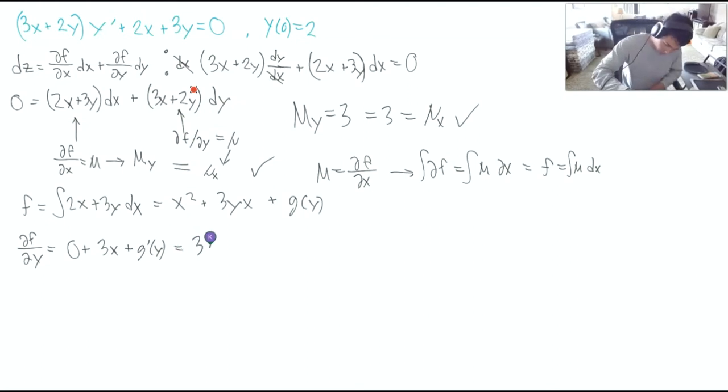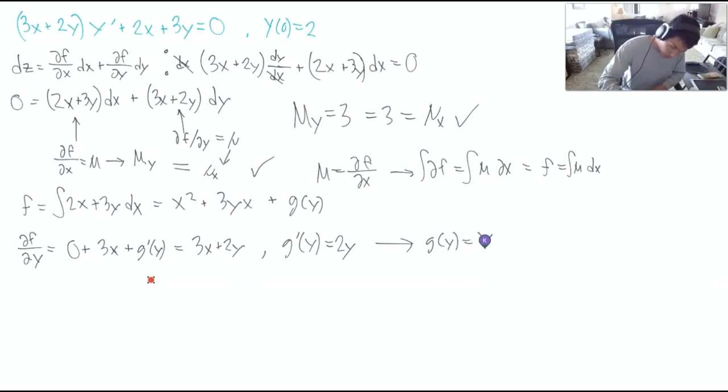So 3x plus 2y. So then we can see that we have 3x in common, so then we know that g prime of y has to be 2y. And then if we want to find g of y, when we integrate, we get g of y is equal to y squared. Okay. And then now we can add plus some c.